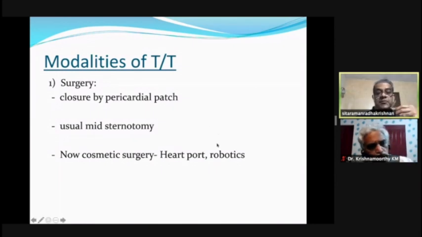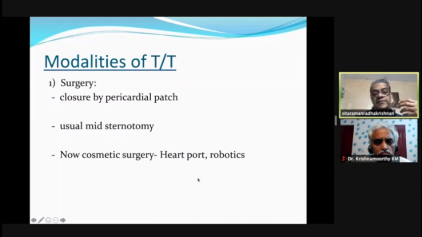The patient is put onto cardiopulmonary bypass through very special techniques, with the use of robotics. I have seen this heart port surgery in our institution for the past 2 decades. It is applicable mainly in adolescents and adults, not in pediatric practice, because they don't have very big veins or arteries to put them into bypass.